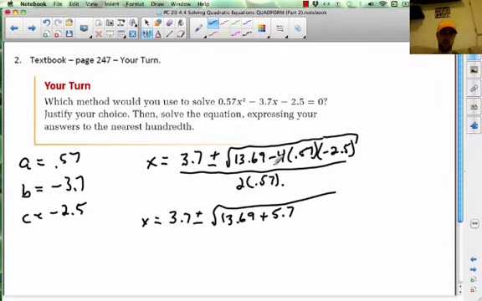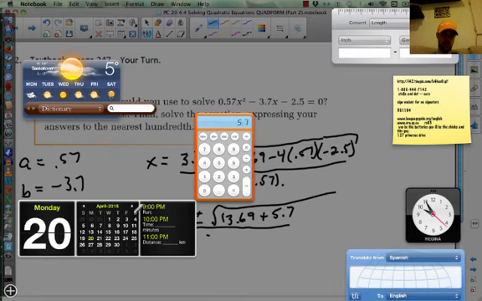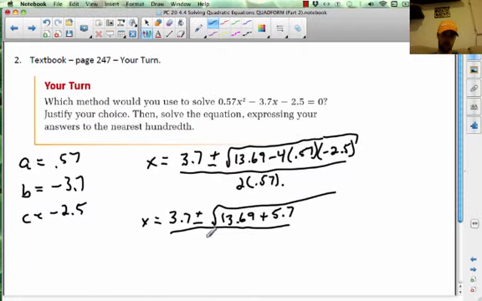So you'll notice that I just combined the minus 4 and the minus 2.5. When you multiply those together, that'll give you a positive under the root. And 2 times 0.57 is 1.4. 1.14, my apologies, 1.14.